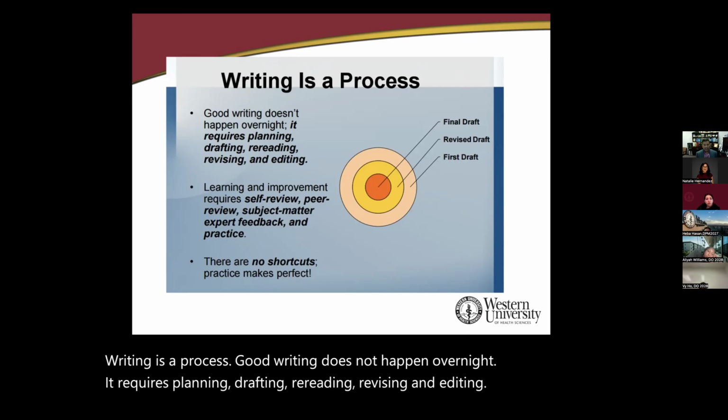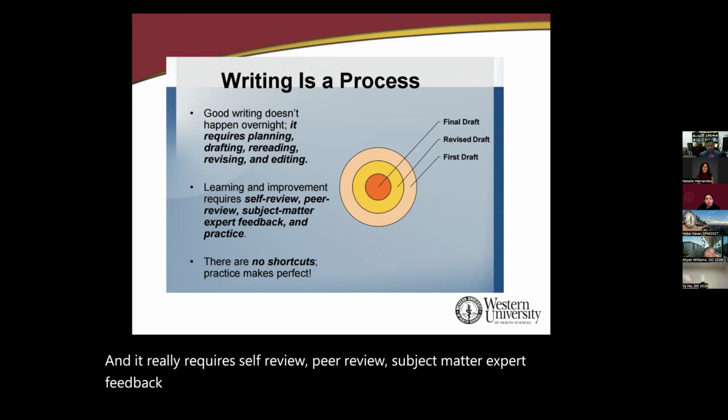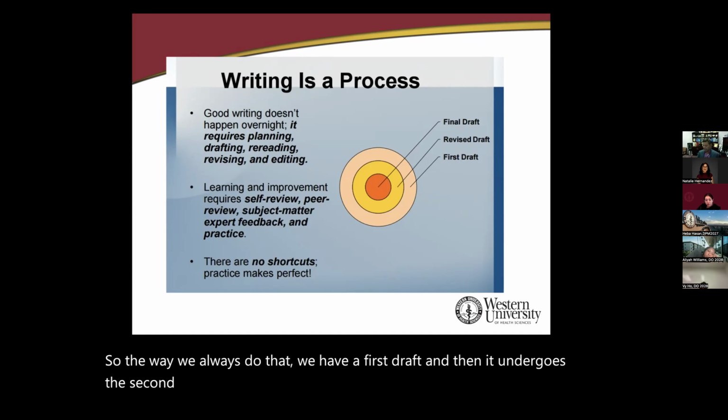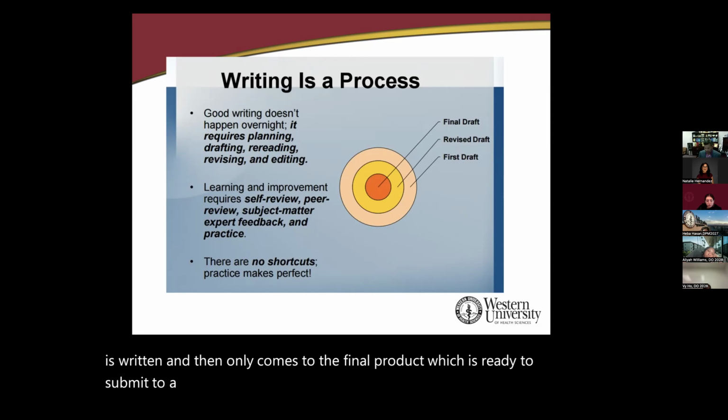It really requires self-review, peer review, subject matter expert feedback, and practice. There are no shortcuts. Practice makes perfect. The way we always do it, we have a first draft, and then it undergoes a second draft, third draft, fourth draft, depending upon how well the draft is written. Only then do we come to the final product, which is ready to submit to a journal for publication.